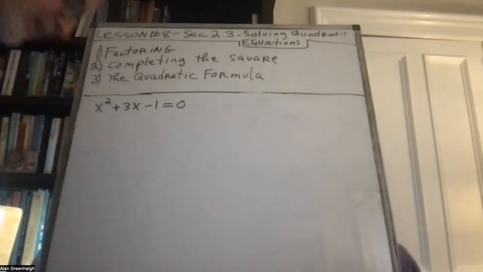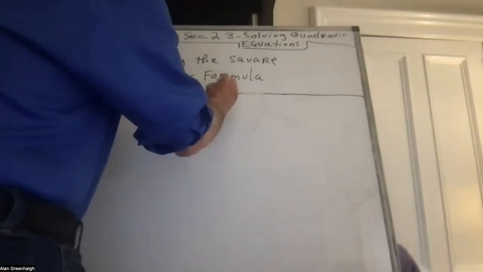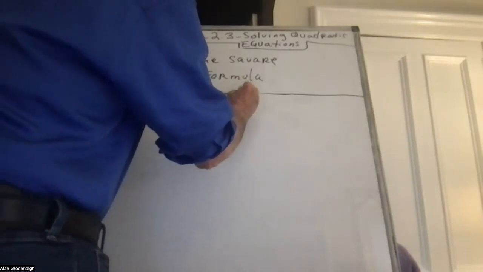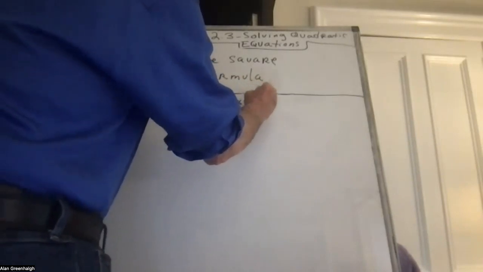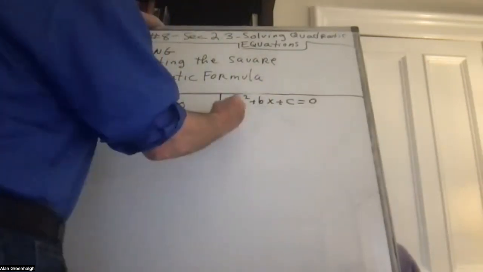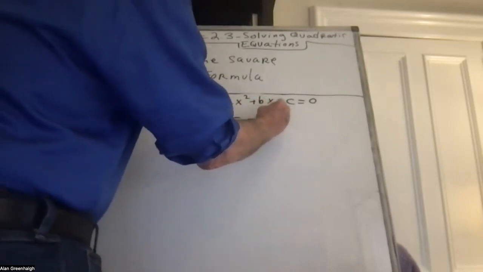But right now, I'd like to give you the quadratic formula right over here. Okay, so this is the quadratic formula. Now, we start with the general form for the quadratic equation, and the quadratic formula states the following.